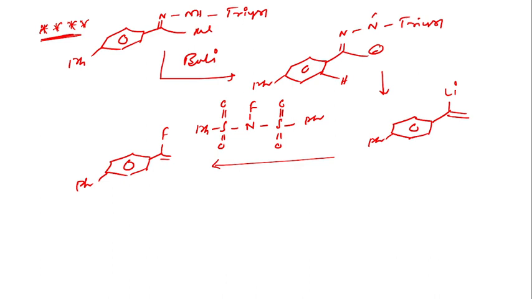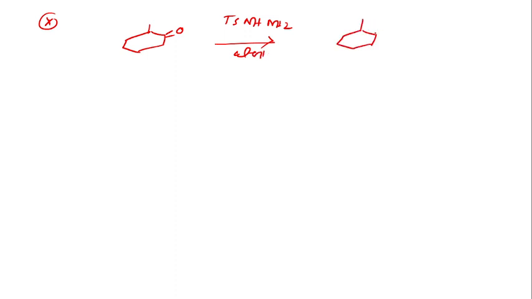Now the next example. It should be tucked into your mind by now: if it is Shapiro, then what can happen? As I told you, let's say a carbonyl is given, and then this reaction with TsNHNH2 gives the hydrazone. Now you will not write the structure with the methyl group inside, because the methyl group provides steric interaction with the NH, so it will be outside, not inside.